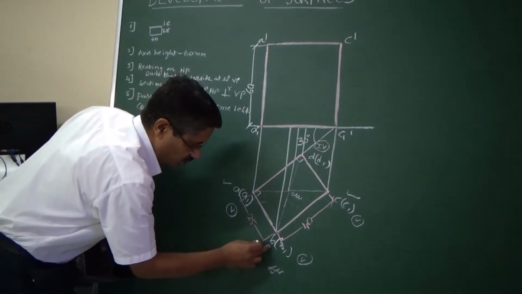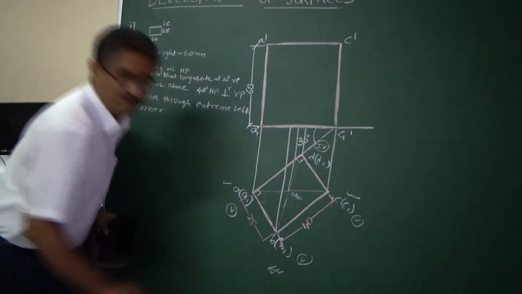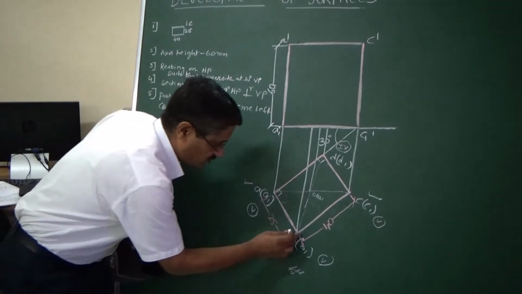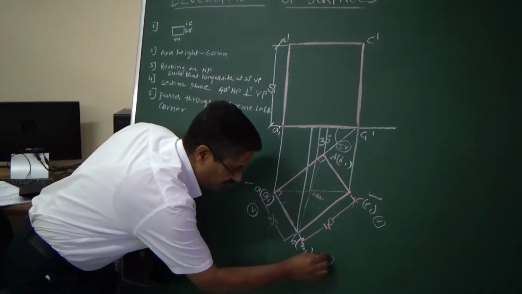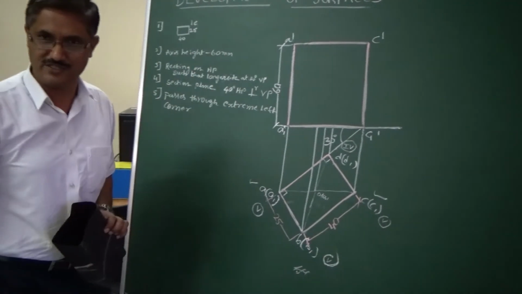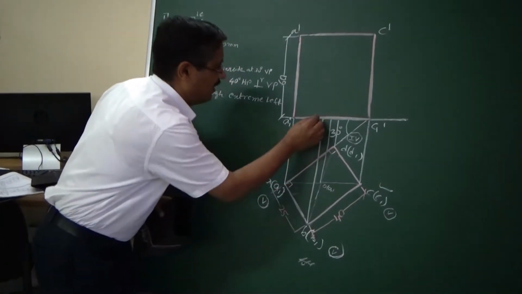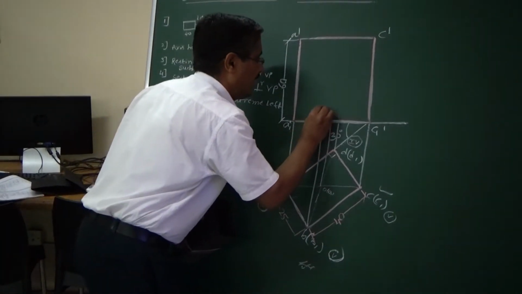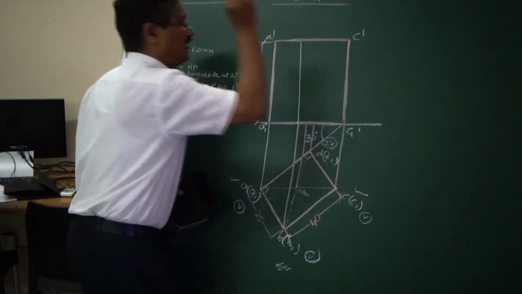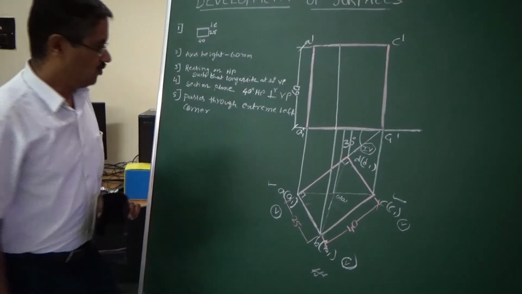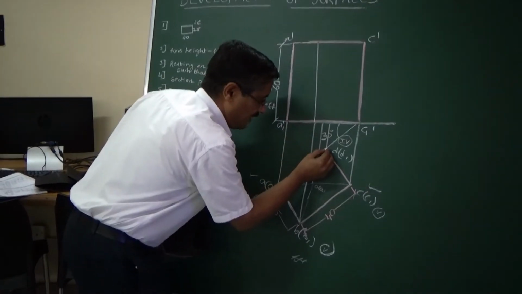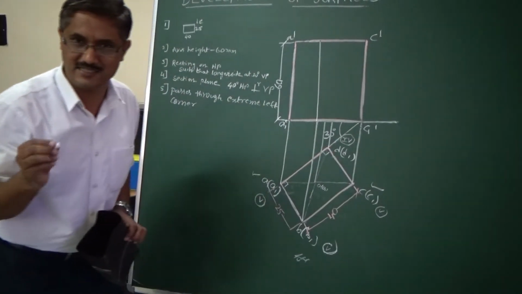In the other 2, BB1 is closer to the observer. As it is closer to the observer, I have already marked it here as V. V means visible. So you can construct a visible line here and draw a thick line. Once you do this, we will be left with only one longer edge, that is DD1.